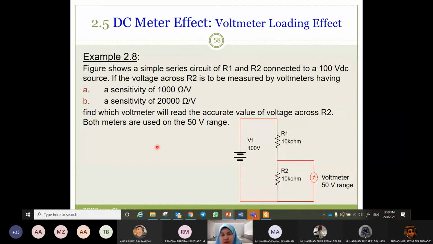We have two voltmeters, both have 50 volt range, but the first voltmeter has sensitivity of 1 k ohm per volt. The second voltmeter has sensitivity of 20 k ohm per volt. Which one of the voltmeters will read the accurate value of VR2? Actually, the higher the sensitivity, the higher the accuracy.